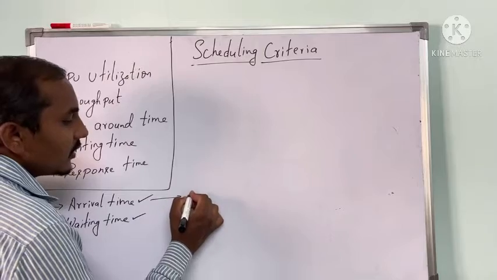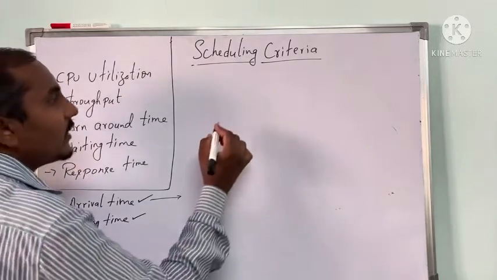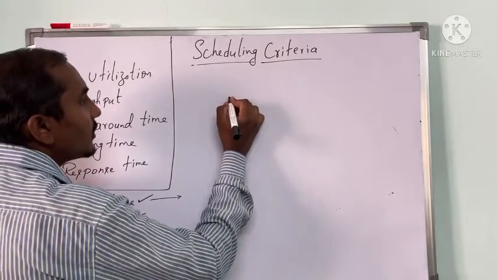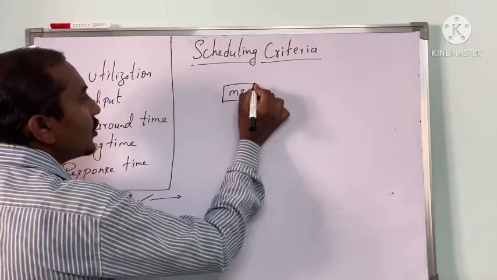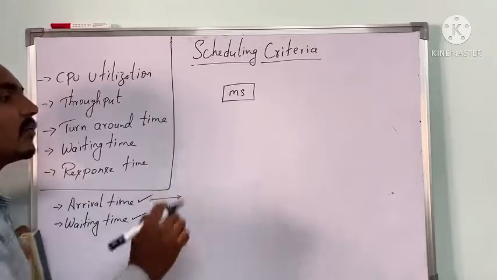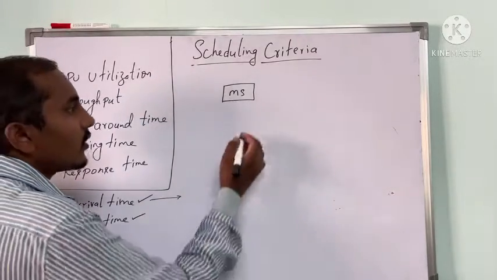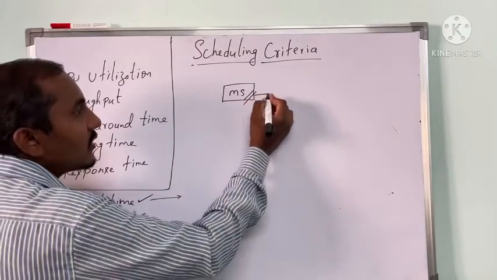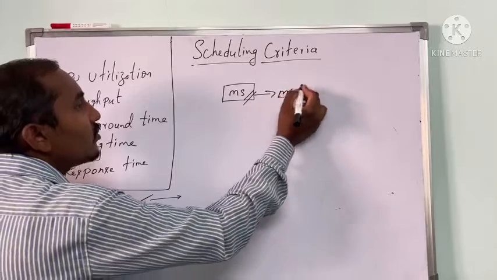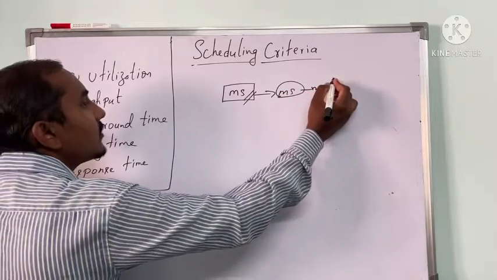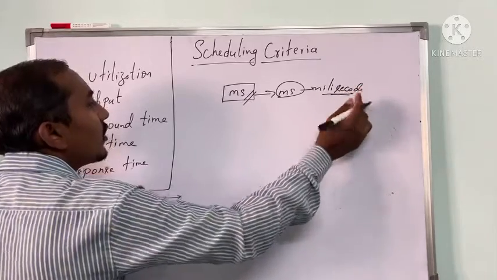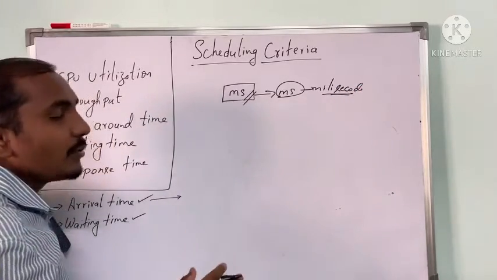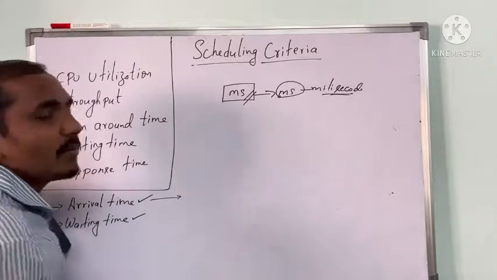Say, for example, if I give some clock, every process or execution done by a processor will be counted in terms of milliseconds. I am going to use ms to represent milliseconds. Every process executed by your CPU will execute within some milliseconds.